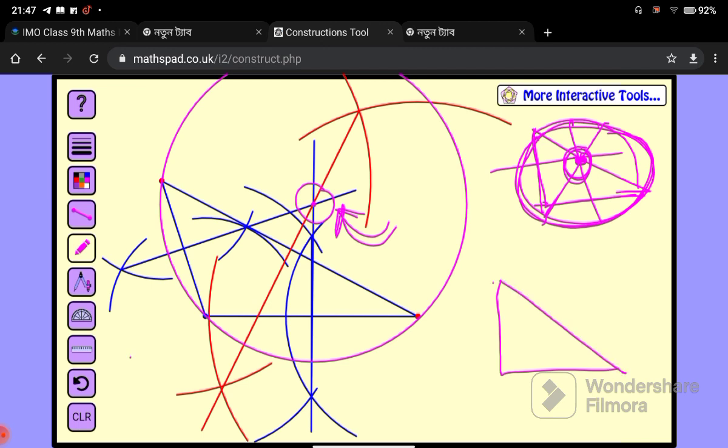In case of an obtuse triangle, both the orthocenter and circumcenter will be outside, but in a right triangle, the circumcenter will be on the hypotenuse. And orthocenter means three perpendiculars, so this is perpendicular already, and this is another, so this is okay, circumcenter.